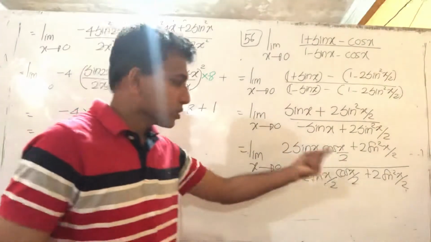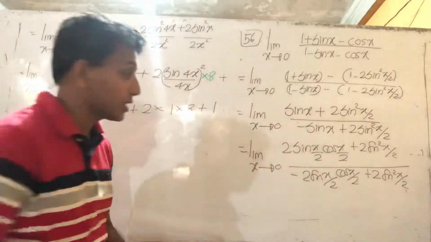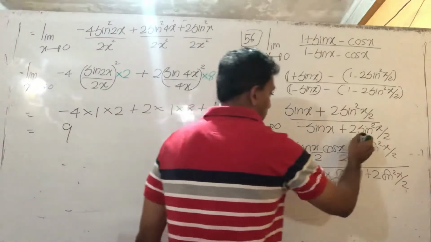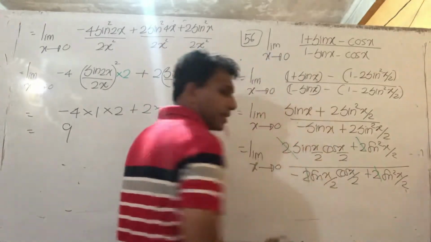Now take the cancel, 2 cancels, and you can cut by that sine x by 2 also.